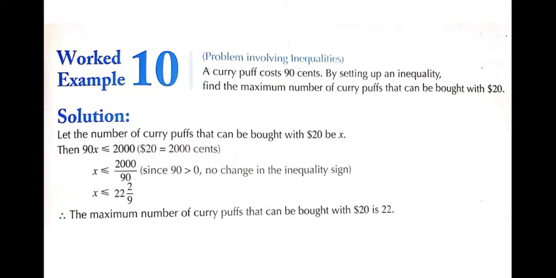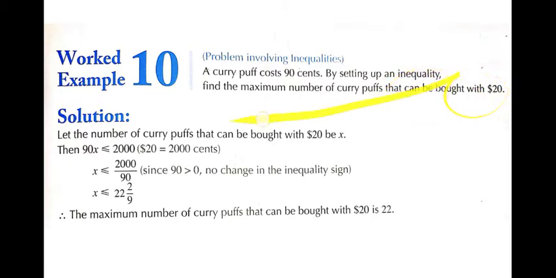It's less than or equal to 2000, which is that $20, but you change it into cents, because $1 is 100 cents, right? So 90x is less than, why is it less than? Because $20 is the money you have, right?